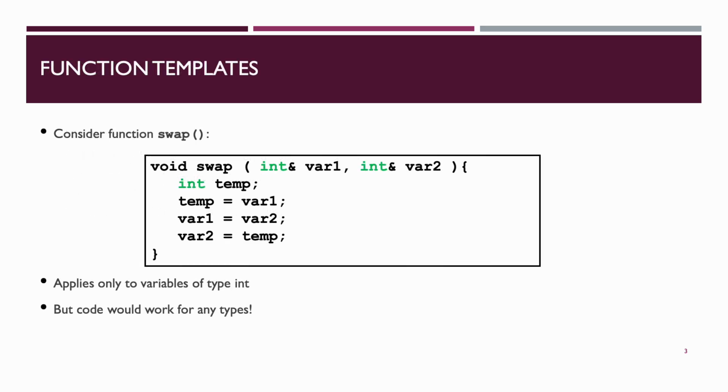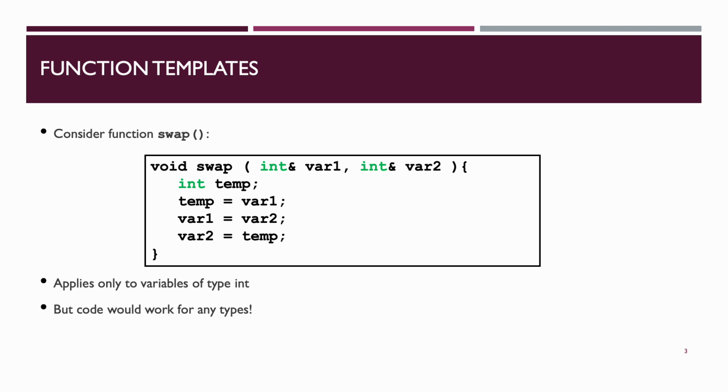Here, let's consider a swap function, which swaps the values of two integers. If you see here in this code, void swap, integer and variable 1, integer and variable 2. This function works perfectly for integer types, but the logic would work just as well for any data type, whether it's float, double, or even user-defined types.